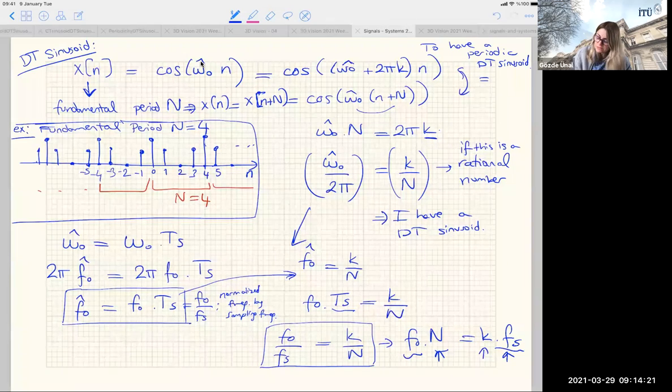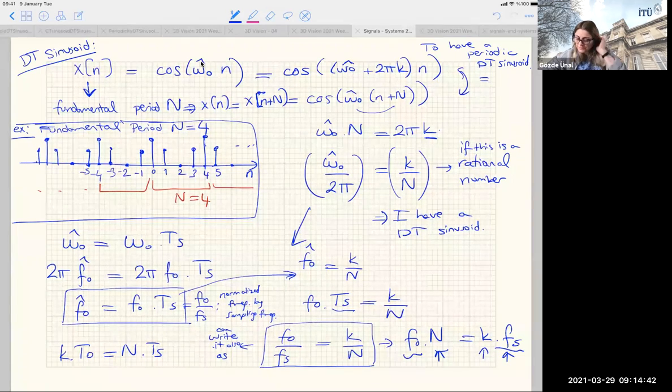Okay, so these are some things to remember when going from continuous time to discrete time sinusoid. It may look a little bit confusing, but actually it's fine. I can also write this in terms of the periods, fundamental period and the sampling period. We can just say k times T0 and n times Ts, because of the inverse relation between sampling period and sampling frequency, and the frequency and the period, T0 and f0, of course.